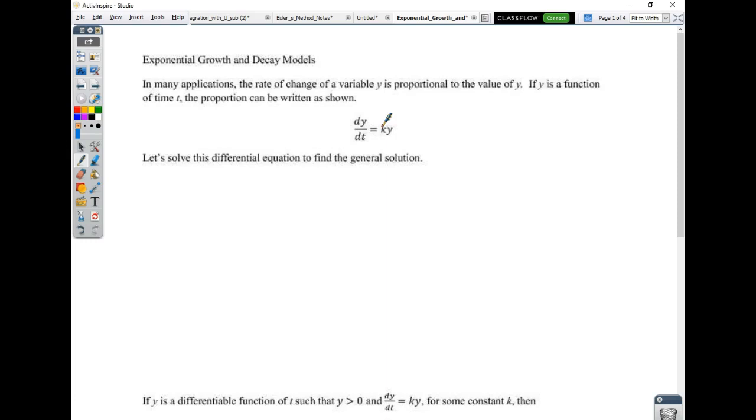For instance, population. Populations start growing faster when the population gets bigger. That's how it works. As you make more people, those people are able to make more people.